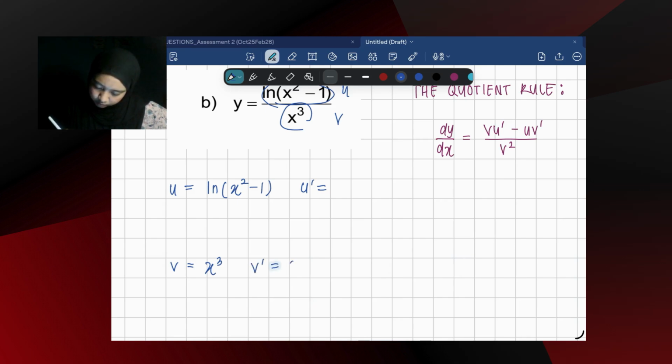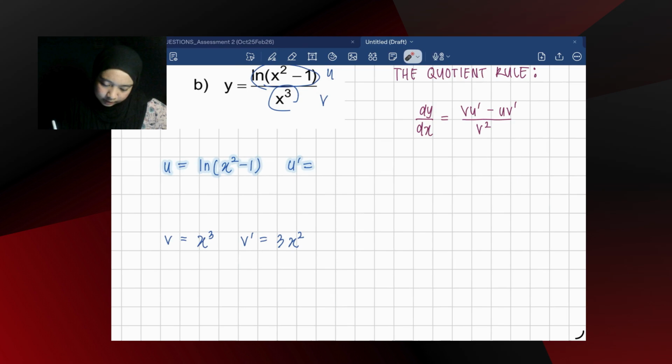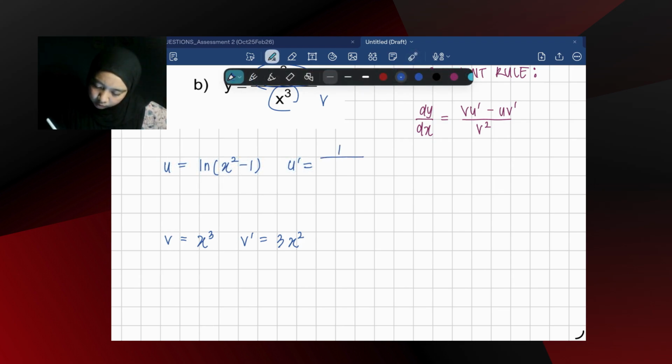For v prime, we get 3x squared. And for u, to differentiate ln of x squared minus 1, the rule is 1 over the inside function, and then we multiply by the derivative of the inside function. So 1 over x squared minus 1, multiplied by 2x. So we get 2x over x squared minus 1.